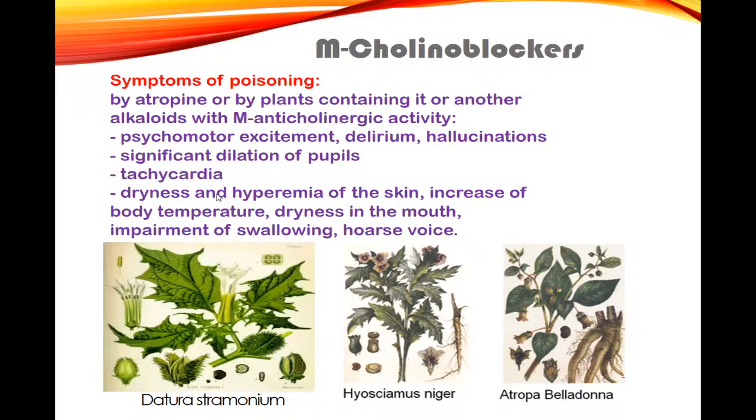Dryness of skin because of insufficiency of sweating. This causes hyperemia of skin and increase of body temperature. These are manifestations of poisoning by atropine or atropine-containing plants.